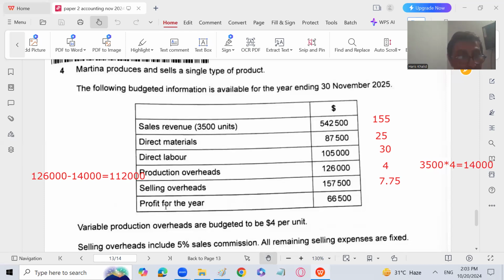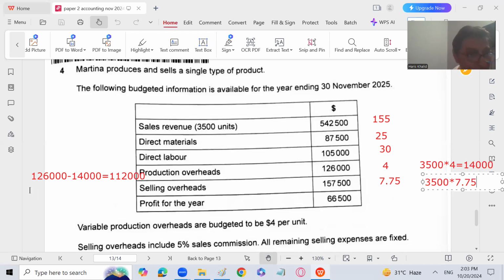Now let's talk about the variable selling overheads and fixed selling overheads. Total selling overheads are given as 157,500. Variable selling expense per unit is 7.75. Let me calculate the total: 3,500 into 7.75, and the total is going to be 27,125.